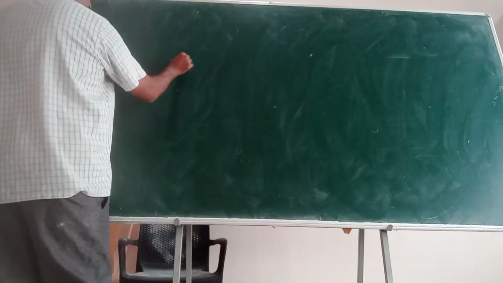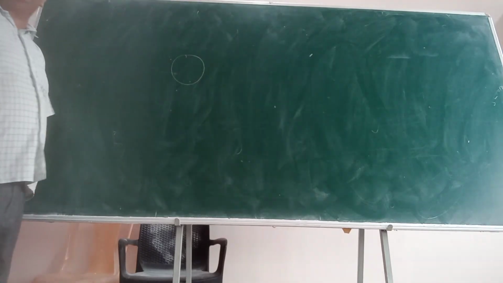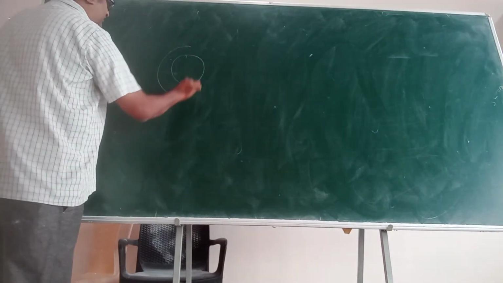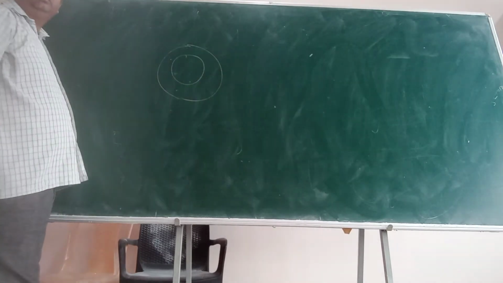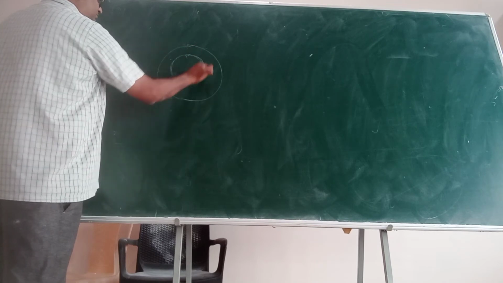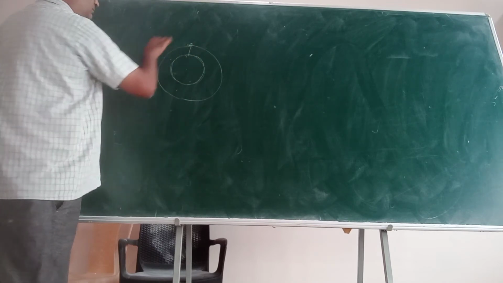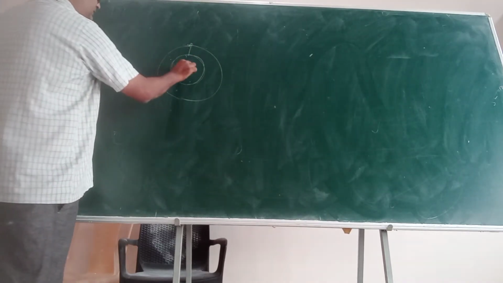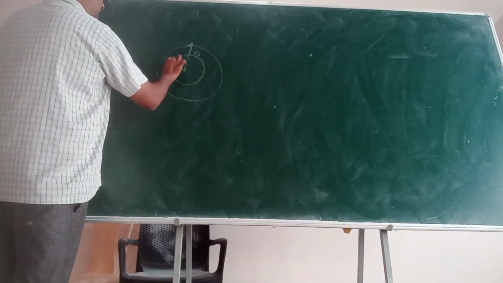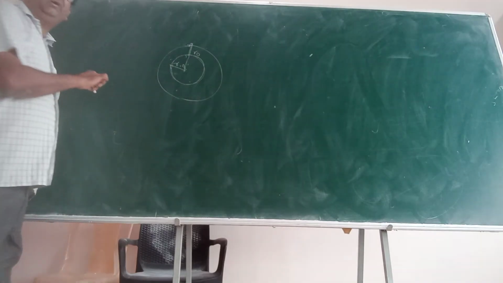Suppose by some means you have a circular frame, alright, and this got expanded up to here. Earlier the frame was like this, now it got expanded to this. So let us say the outer radius is RO, inner radius is RI, alright.